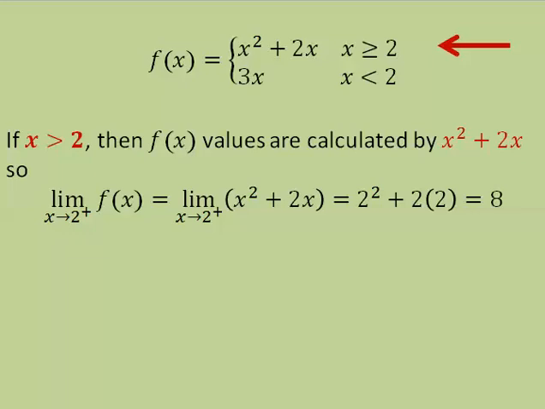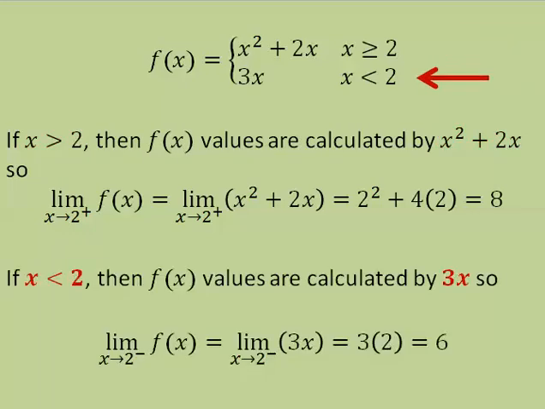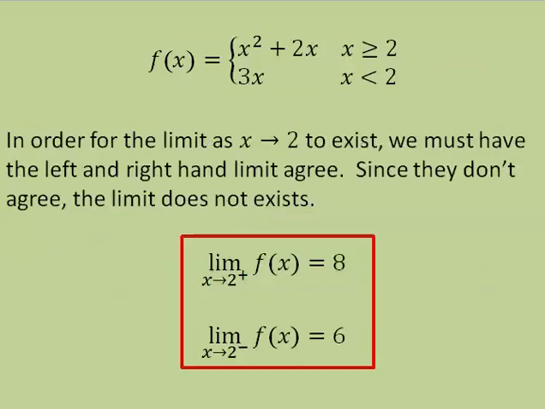So coming from the right, the limit is equal to 8. What about coming from the left? Coming from the left, x is less than 2, and when x is less than 2, the f values are calculated by 3x. So coming from the left, the function takes on the value of 6.